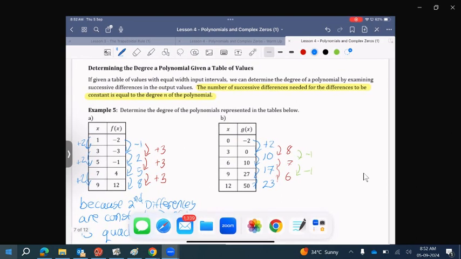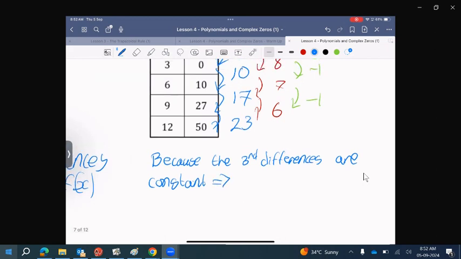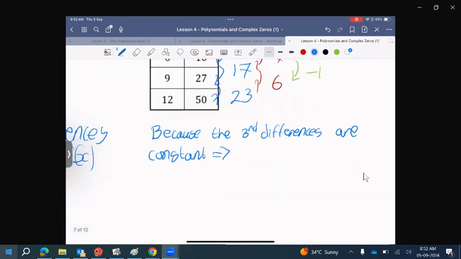What is our answer? What is the reason? Because the third differences, so get used to using this expression, third differences. Because the third differences are constant, it implies, and let me see, what have we got? It's G. It implies the degree of G equals 3.